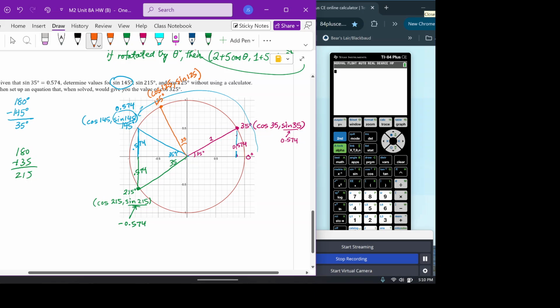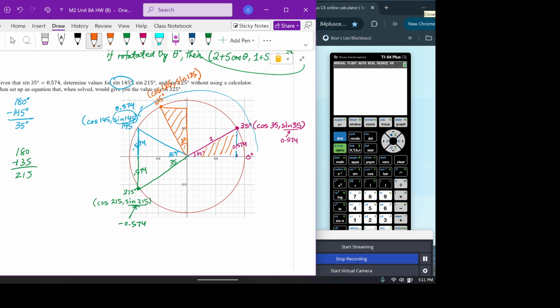If I cut it like this, you can tell that if I take this triangle and rotate it 90 degrees, I get this triangle.